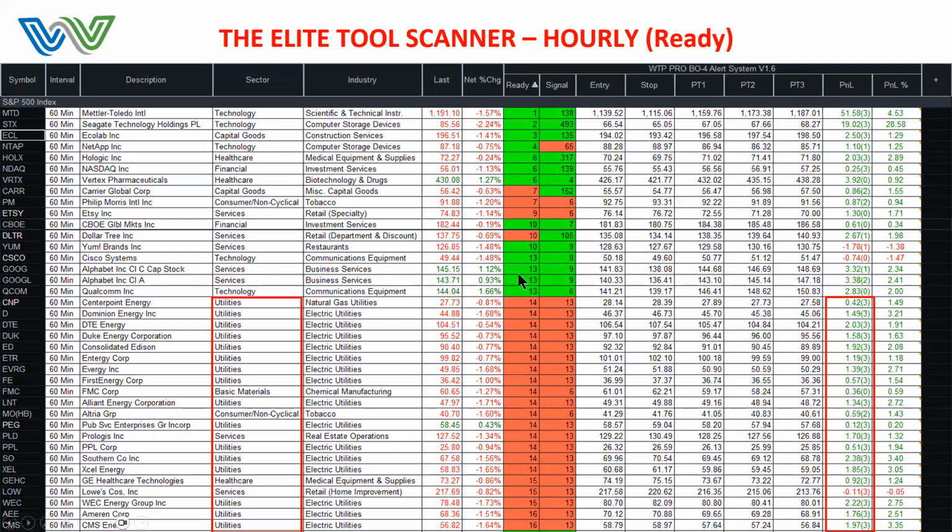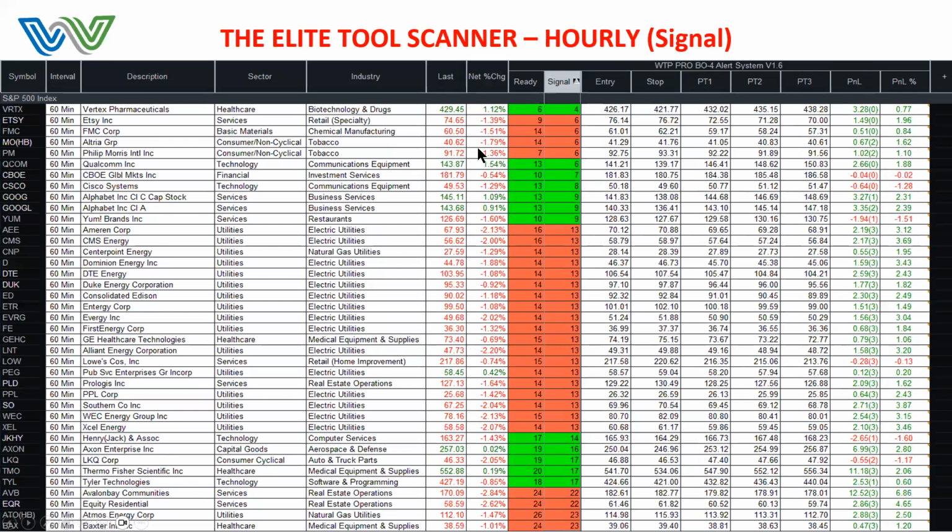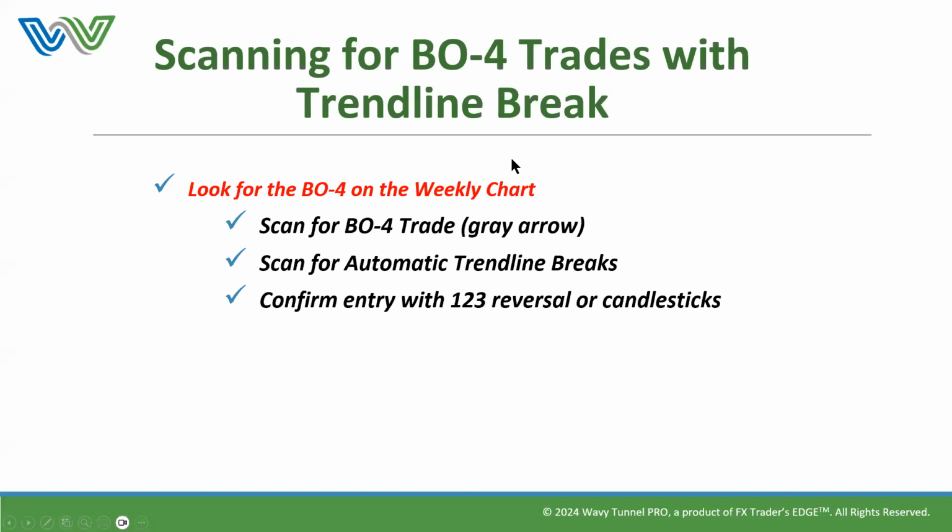So we have more bullish setups on the 60-minute, as you can see, because we're in ozone territory for a lot, at high levels close to the point T in a lot of these markets. So that's why we go down to the 60-minute and we will see a lot of these setups on the 60-minute. And I'm just showing you ready, signal. These are the signals.